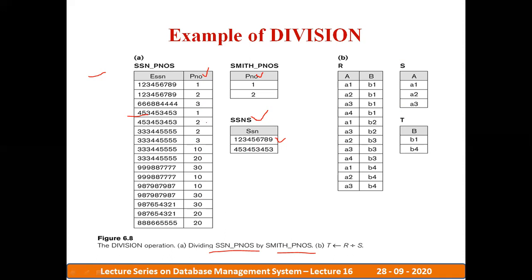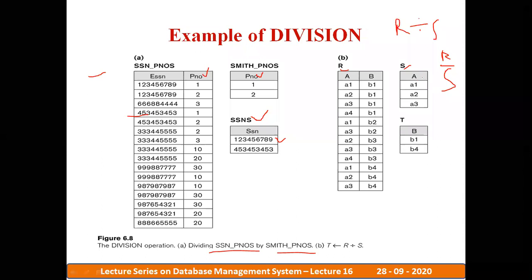Okay, let us see one more example. This is the relation R and this is the relation S. We are performing R divided by S. As you can see, S should have the subset of attributes. Here is also column A, here is also column A. So what will be the resultant column name in the resultant table?